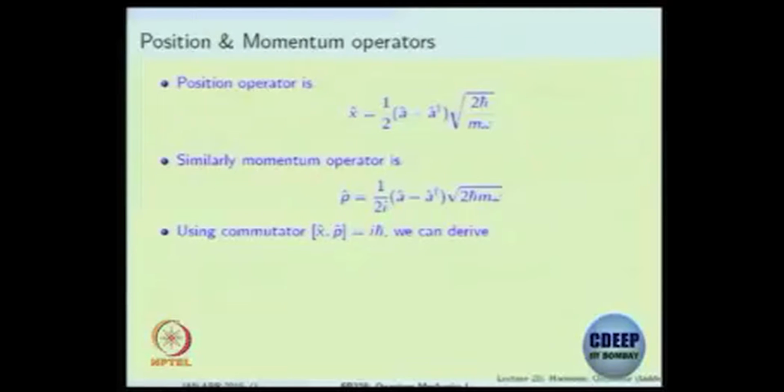So take the commutator of X and P, substitute here on the left hand side, do the right hand side, and see whether we get a commutator of A with A dagger. Okay. Can you try to work it out?